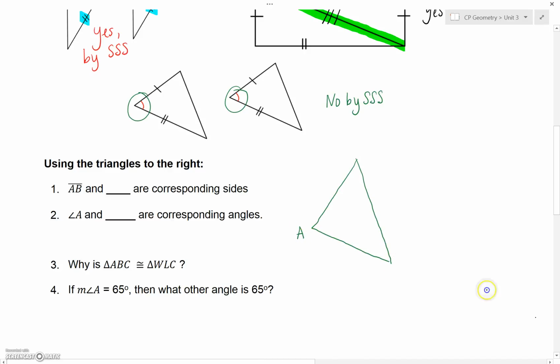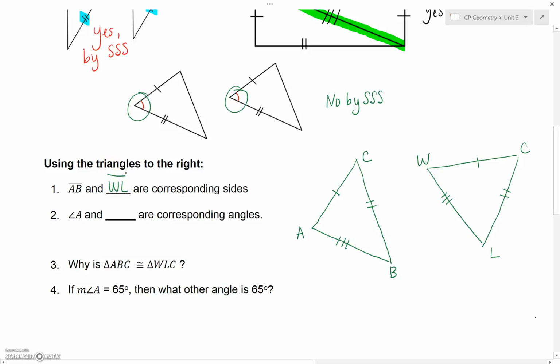If I had triangle ABC, and then over here I had triangle WCL, and I indicated that AC was congruent to WC, AB was congruent to WL, and then over here I put 2 tick marks. My first question, AB, again, we would know that needs to be corresponding to WL.